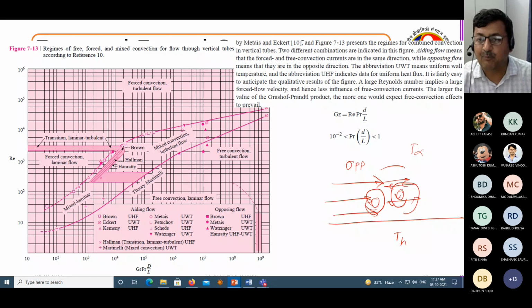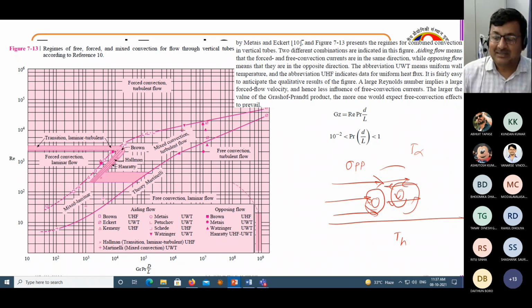On the wall, heat is there. You want to heat up the liquid and take the liquid out of the system through forced convection. But free convection is giving a back flow against the direction of the flow, so you are unable to really remove the fluid as much as you would like. That is called the opposing flow.